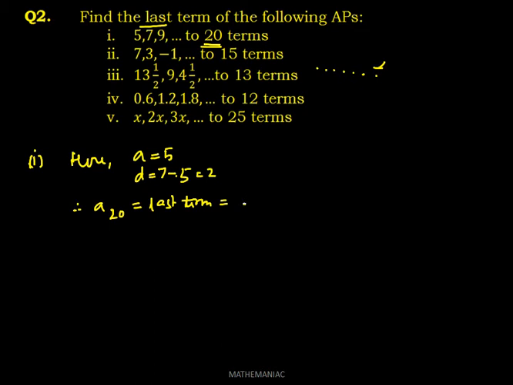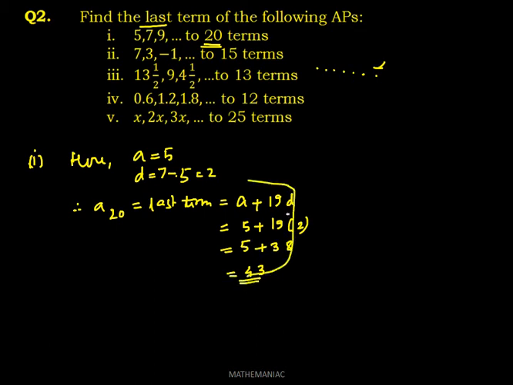Okay? So the formula will give you a plus. You can remember that if you are talking about the 20th term, the number associated with D will be 1 less than that. Now, you put the values: 5 plus 19 twos are 38, and then this is 43, right?